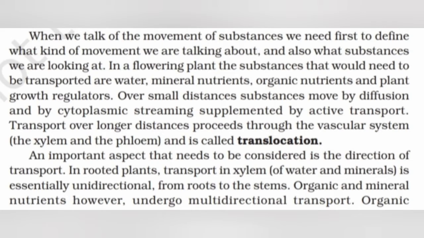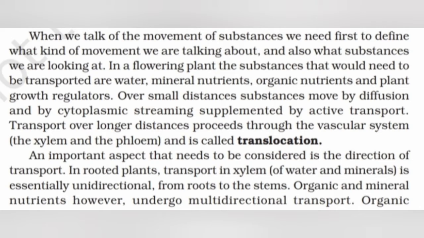Over small distances, substances move by diffusion and by cytoplasmic streaming, supplemented by active transport. Transport over longer distances proceeds through the vascular system, that is xylem and phloem, and it is known as translocation. So if we transport over long distance through xylem and phloem, then it is known as translocation, because location is changed. So trans means change, location.